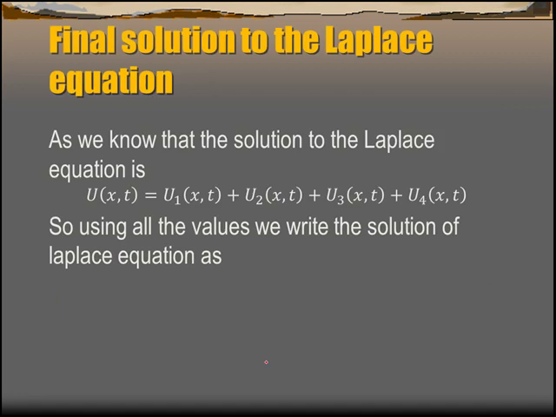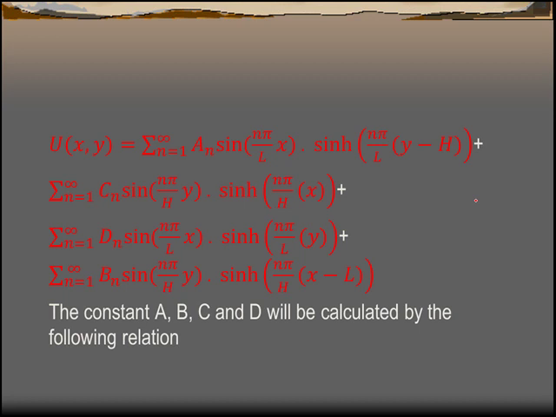We have assumed the solution to the Laplace equation as u(x,y) is equal to u1(x,y) plus u2(x,y) plus u3(x,y) plus u4(x,y), and we have calculated all these four solutions also. So from these four solutions u1, u2, u3, u4, we can construct the solution to the final Laplace equation.